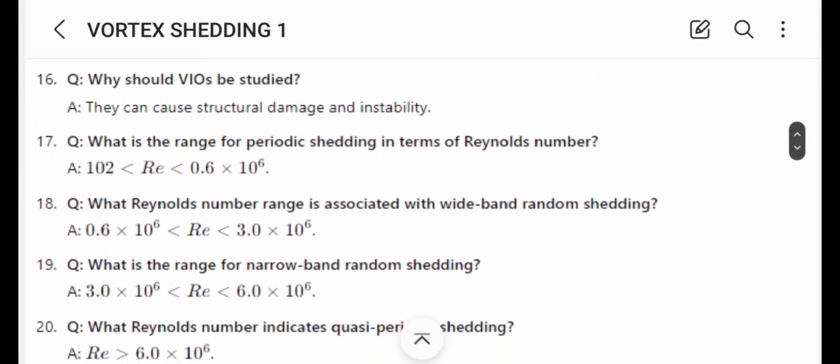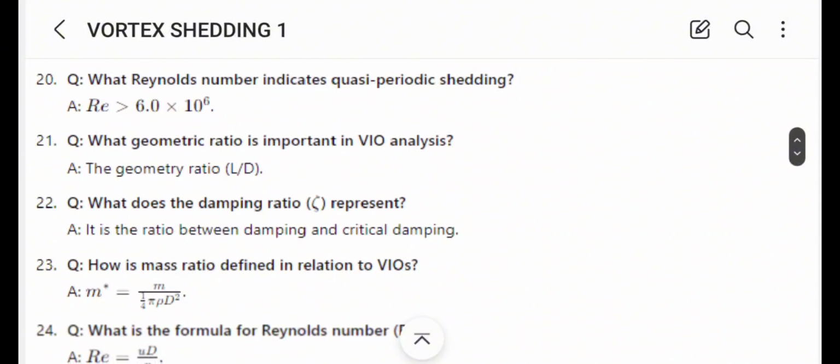What is the range for periodic shedding? It's for Reynolds numbers less than 10^2 or 0.6 times 10^6. What geometric ratio is important in VIO analysis? L by D, the geometric ratio. What does the damping ratio represent? It is the ratio between the damping and critical damping.